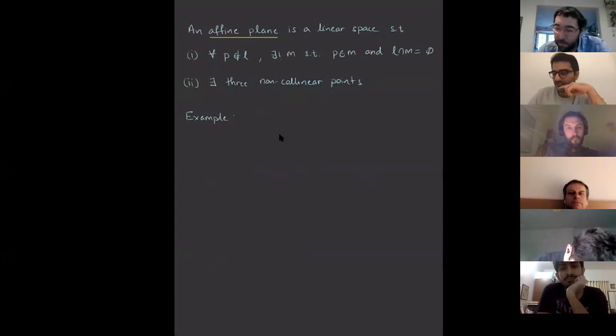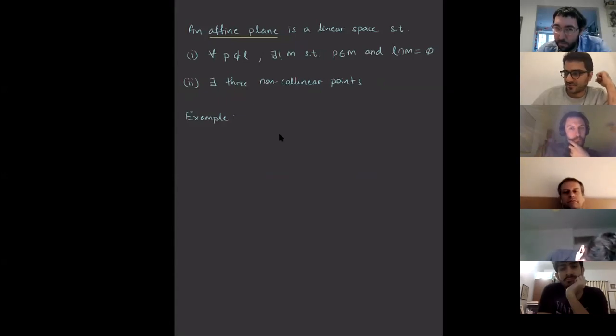So a partial linear space with that extra thing, with these two geometric axioms, or at least the first one looks like a geometric axiom, which says, let me draw this here.